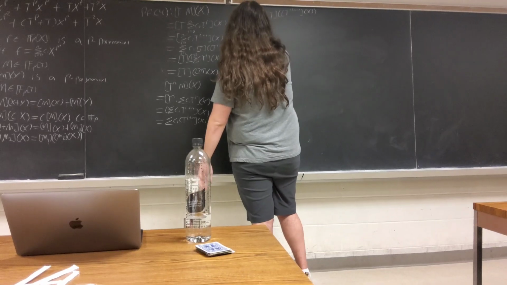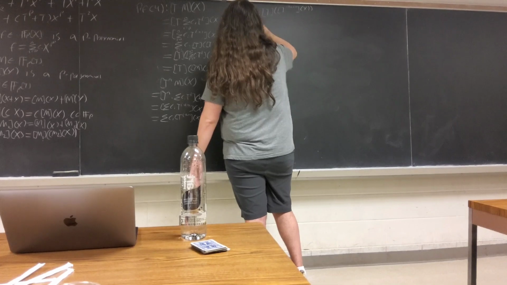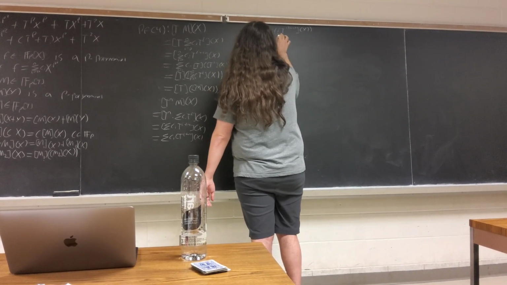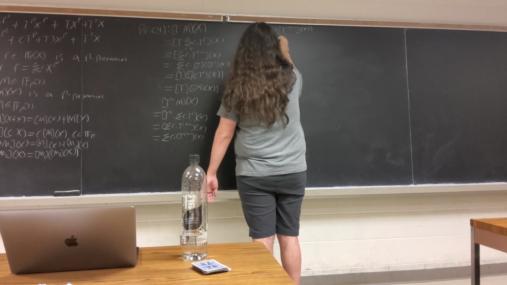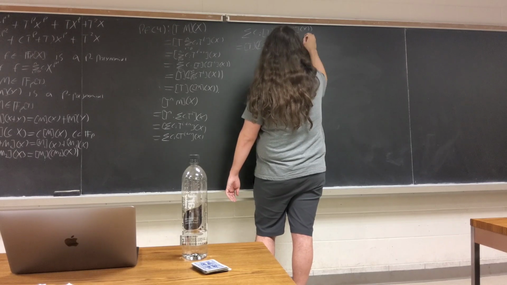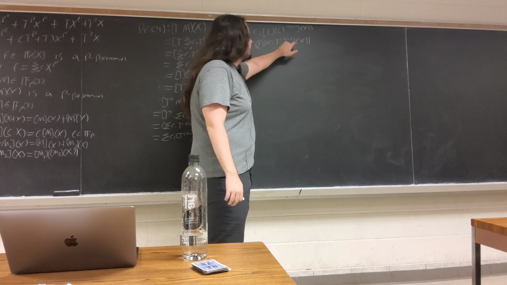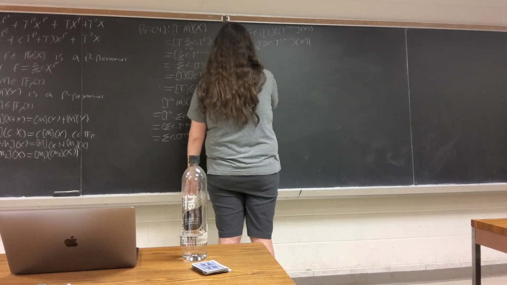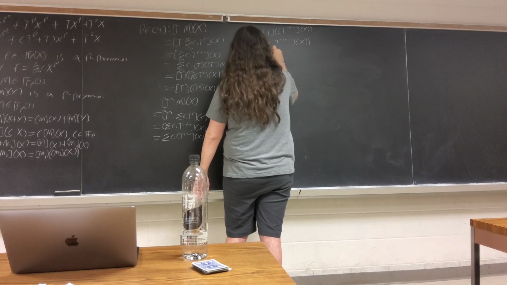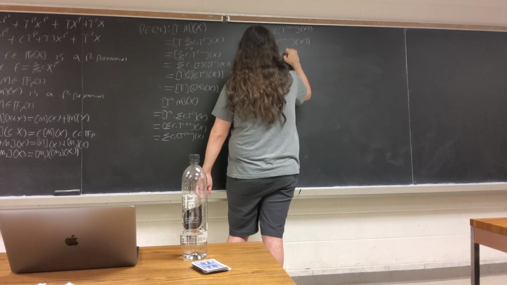And then we're going to again pull the sum into there. So we're going to say this is equal to t evaluated at this sum ci t to the I plus n minus 1 of x. But in here, this is just going to be t to the n minus 1 times m of x.